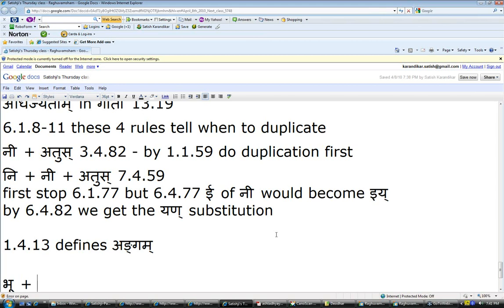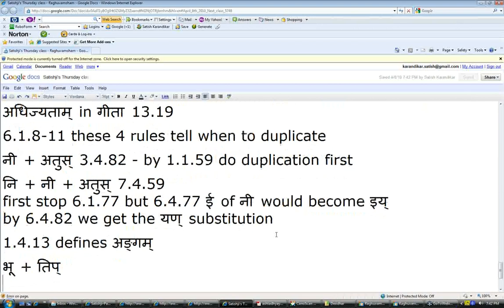So the lat was done for the bhu. So for the lat, the angam is bhu, and when we bring in the tip substitution, then for the tip also the anga used to start from bhu and go up to tip. The angam right now only is bhu. But then what happens? You get the kartari shap by 3168, you get the shap pratyaya which comes in between here now.